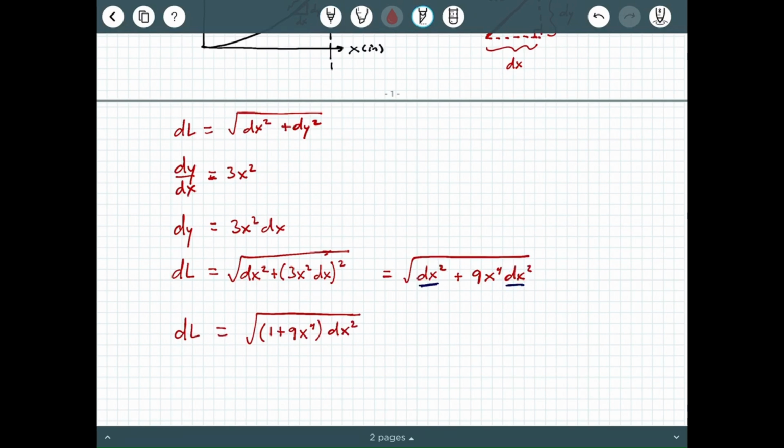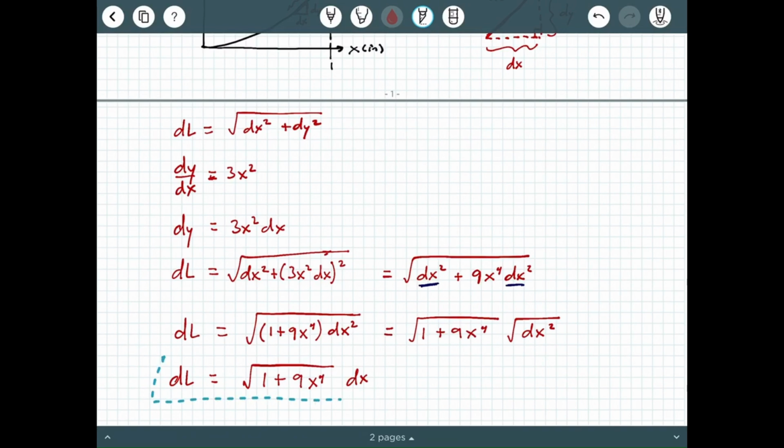All I did was factor out this dx squared from each of these terms, and now I have the quantity 1 plus 9x to the fourth times dx squared. Now I can use some properties of radicals, and I can say this is the square root of 1 plus 9x to the fourth times the square root of dx squared. And we should be able to look at this and see that we're left with the square root of 1 plus 9x to the fourth dx, because we took the square root of dx squared, all right?